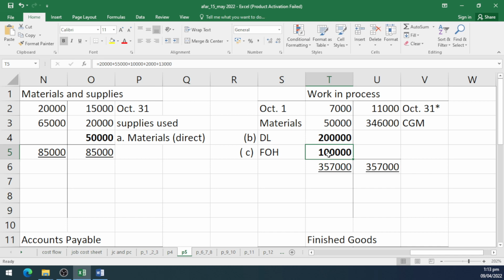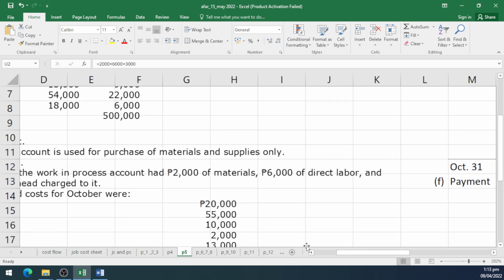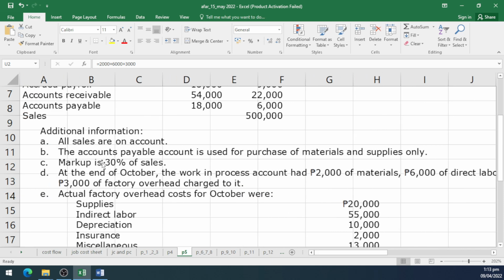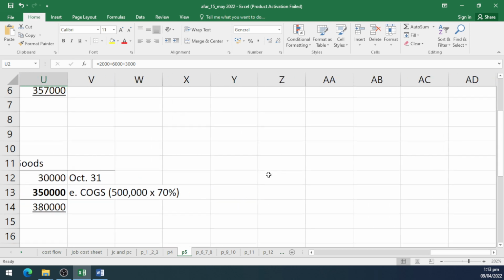Ngayon, alamin natin kung magkano ang direct labor. Walang information directly kung magkano yan, but we can reconstruct from the following. Our ending work in process is 11,000. Kanina, kinompute natin. Nakita nyo dun sa information letter B. Ito. I'm letter D. Balik tayo.